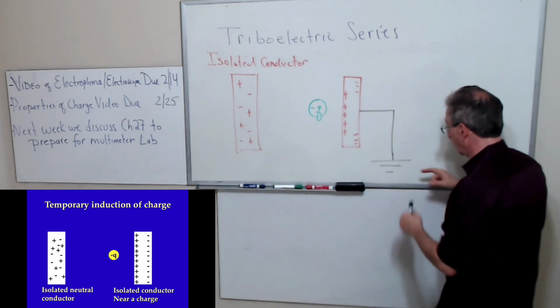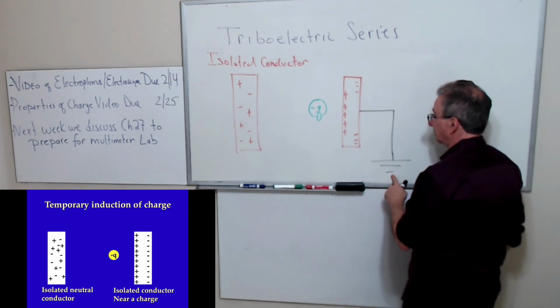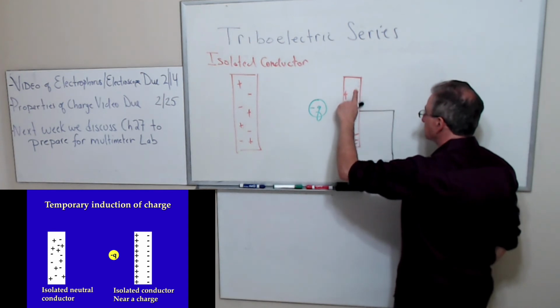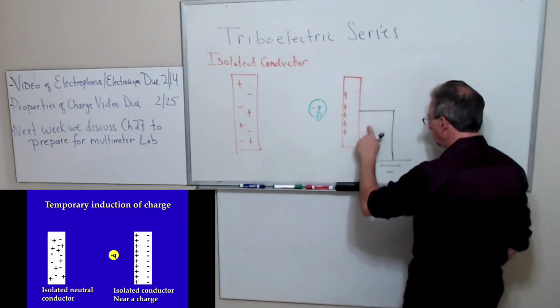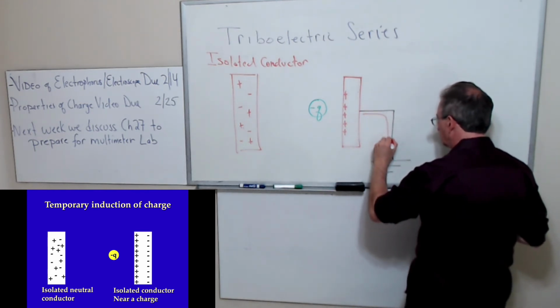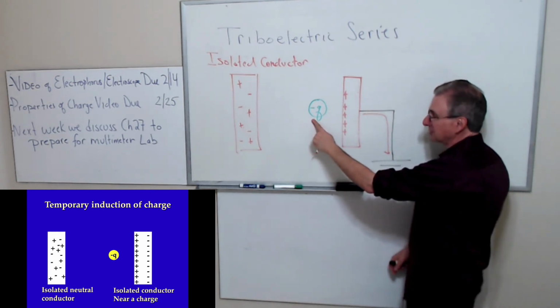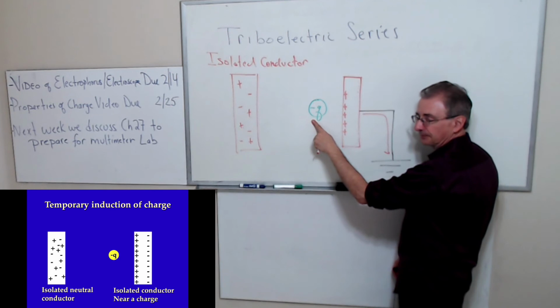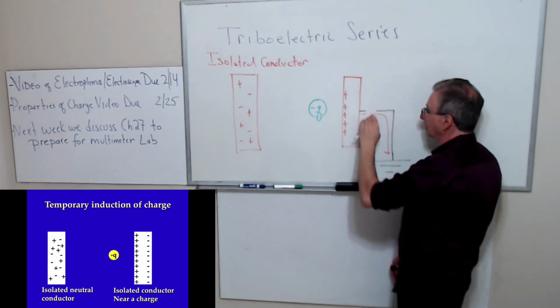So what happens when I connect this to something that goes to earth ground? These electrons are going to see a path towards earth ground. So these electrons are going to go down this way, and they're going to be happy because they don't want to be close to this negative charge. Now, while this negative charge is still there, I disconnect the wire.